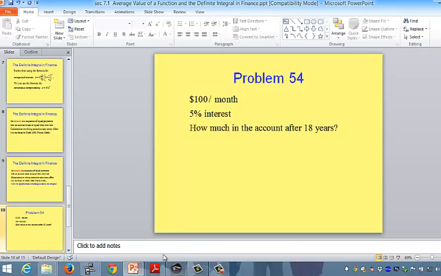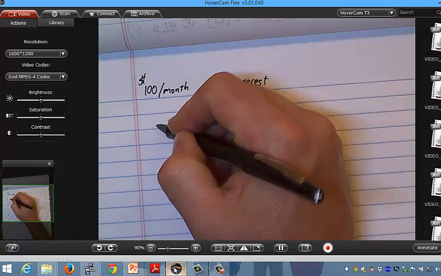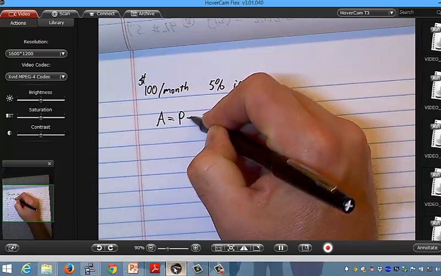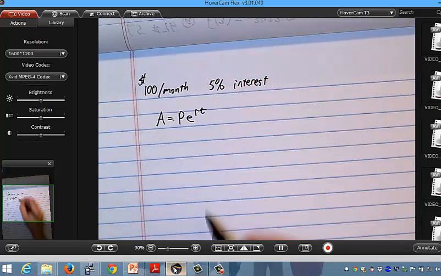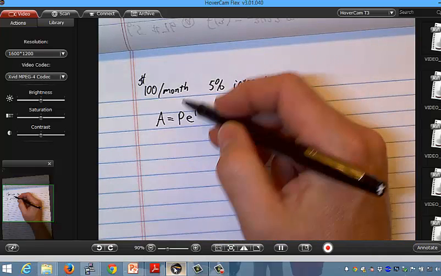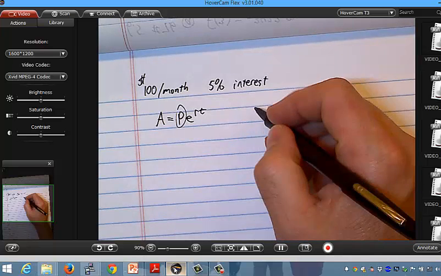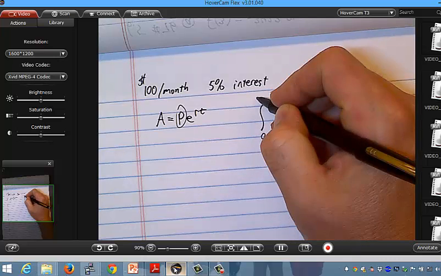And, you know, that's this A equals PERT, right? Oh, but that only works if I know the principal, right? But what I can do is I can get an approximate value.